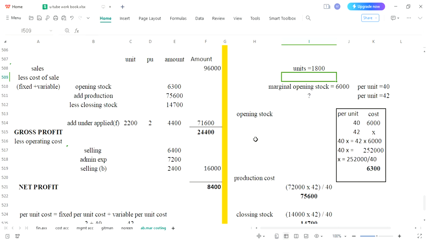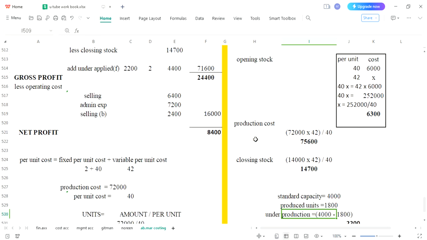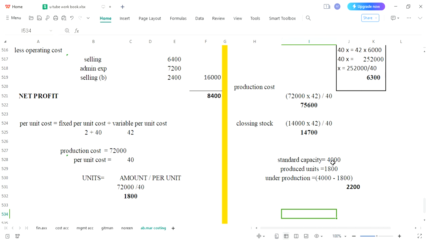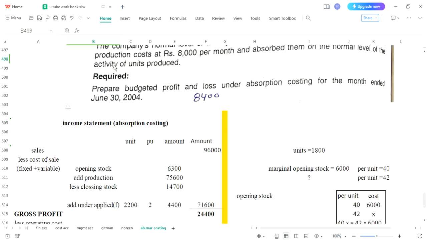So how have we calculated under or over applied production? Standard capacity was 4000, we have produced 1800. It means 2200 units were underproduced or not produced. So these number of units were put over here, and you know that under applied or over applied is only associated with fixed cost. Per unit fixed cost we have calculated 2, which was given in the question.